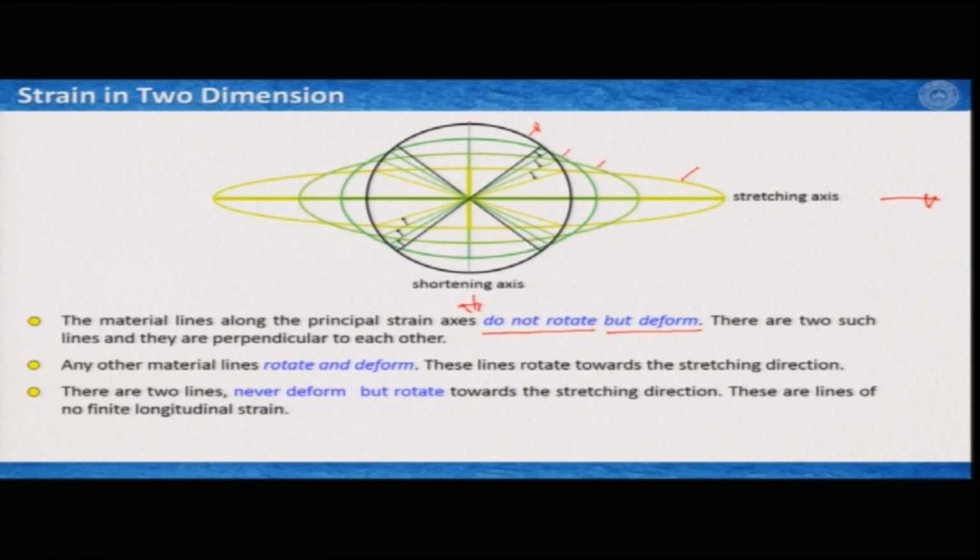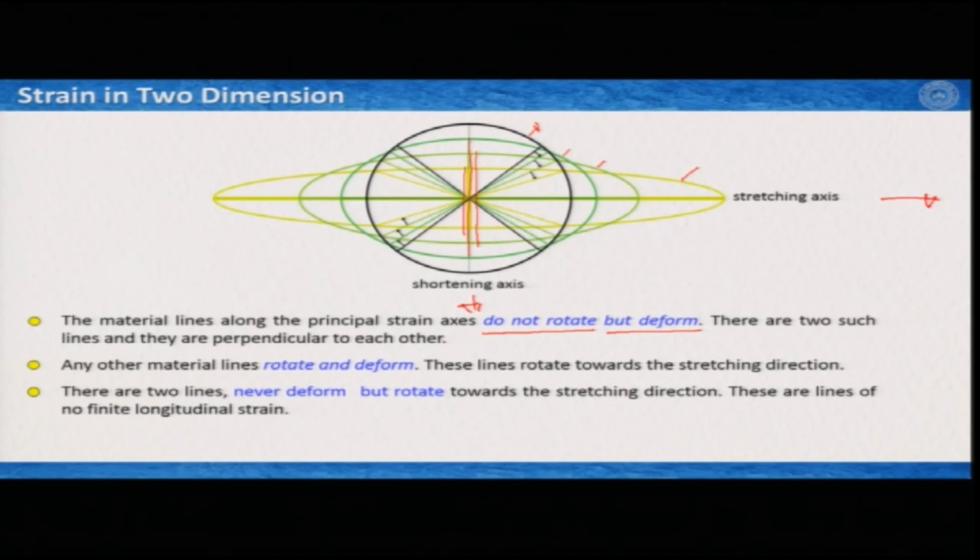For example, this line is now deformed to this, then in the next it deformed to this, and in the third it deforms to this length. Any other material lines than these two principal strain axes rotate and also deform, and these lines rotate towards the stretching direction of the principal strain ellipse.